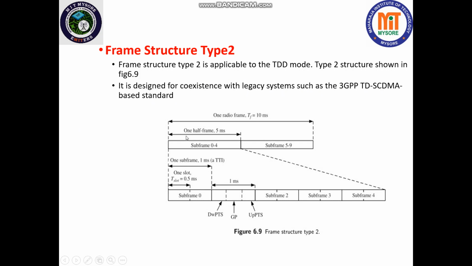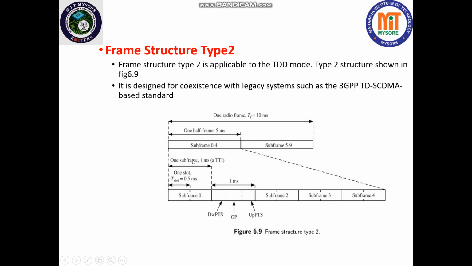Here the frame structure is somewhat different, though one radio frame maps to 10 milliseconds. There will be two half frames of 5 milliseconds. In the first 5 milliseconds there will be subframes 0 to 4, and subframes 5 to 9 will be the second half of the frame.